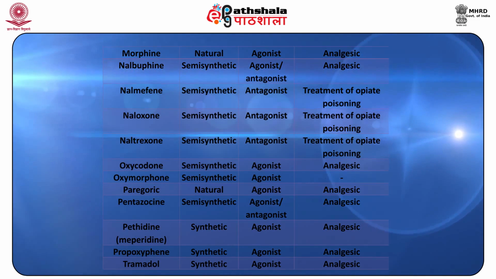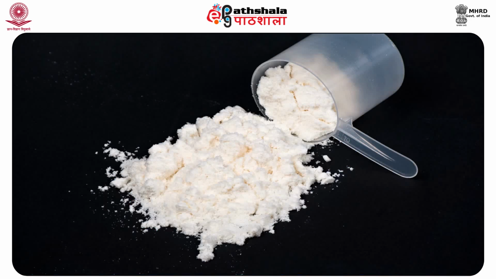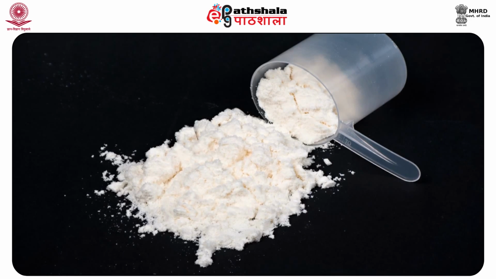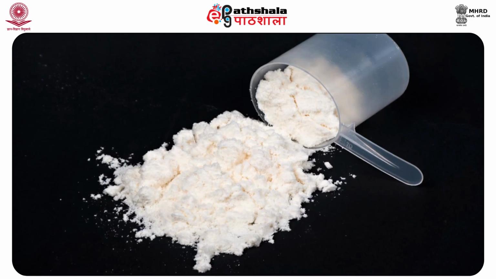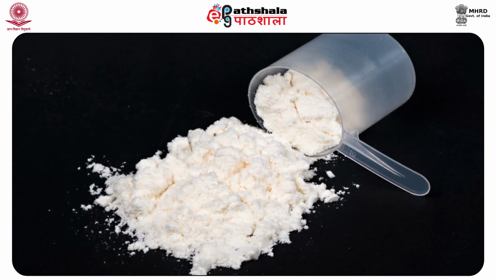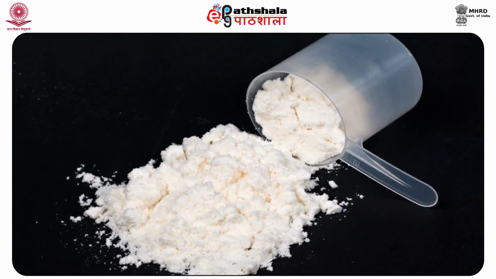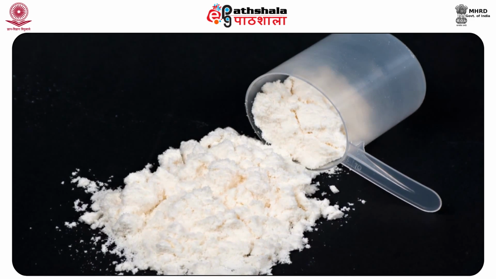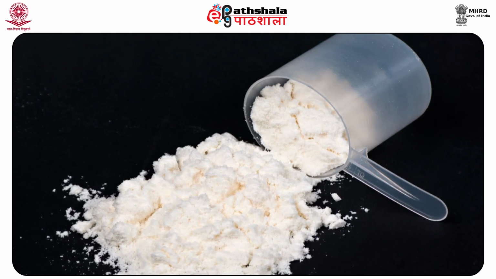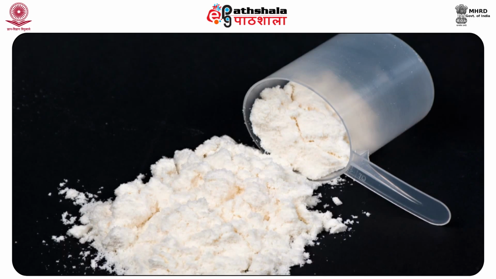Now next are the major opiates, like morphine. Morphine is the chief alkaloid of opium and occurs in the form of colorless, shining crystals having a bitter taste. The melting point of the crystals is 230 degrees Celsius. Morphine is the most generally used narcotic analgesic, that is, pain reliever.